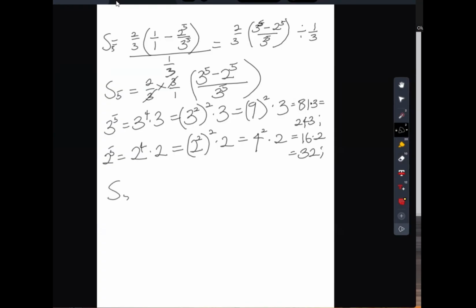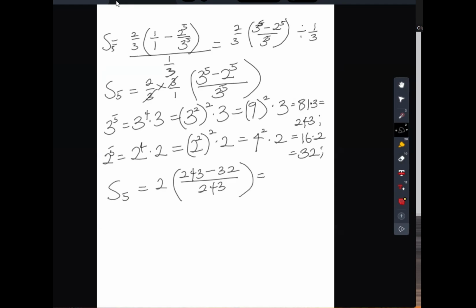So S5, that's the sum of the first 5 terms, is equal to, remember I've simplified this here, so I'm left with just 2, times 243 minus 32 over 243.